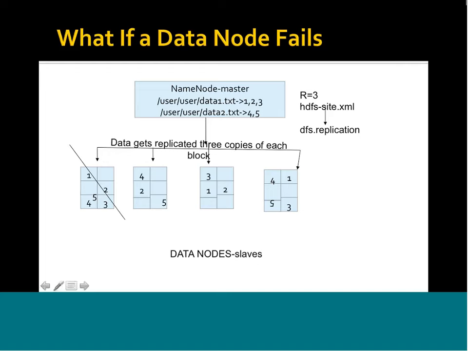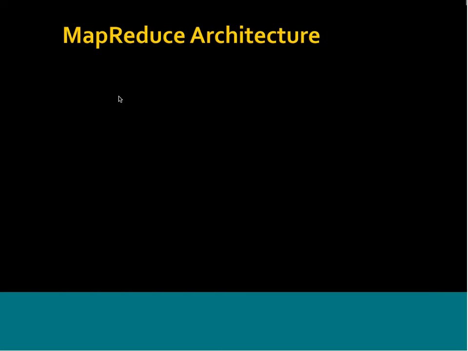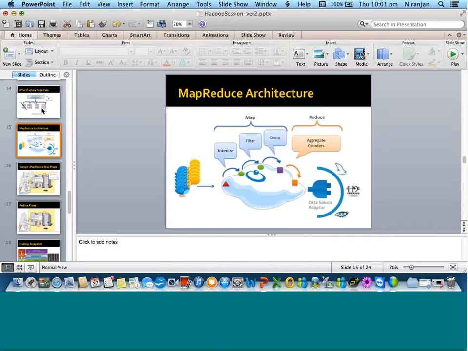Apart from this, once Hadoop finds that the data is not there in the data node because the data node is now dead, it immediately tries to create a new replica and write it here.